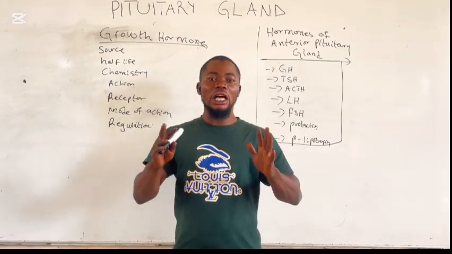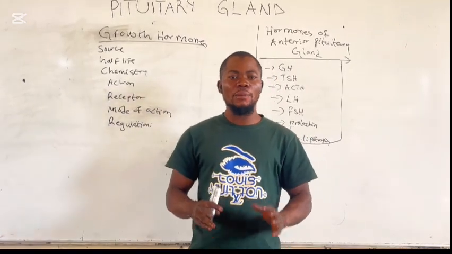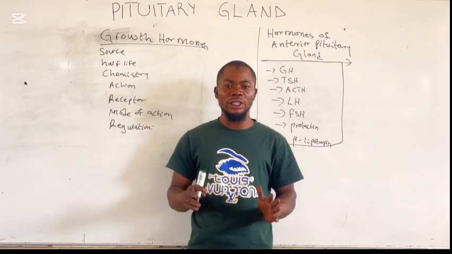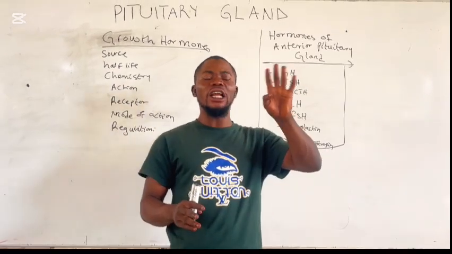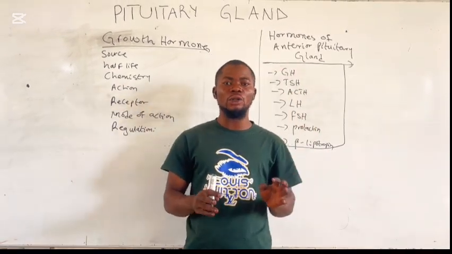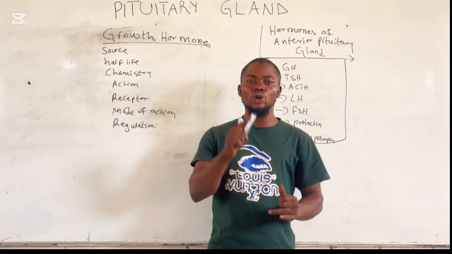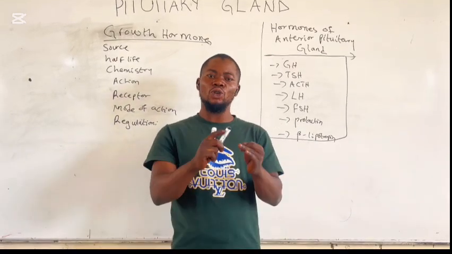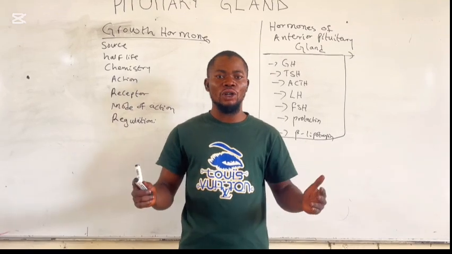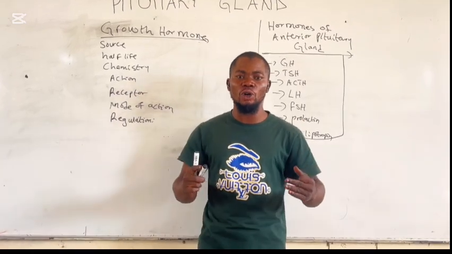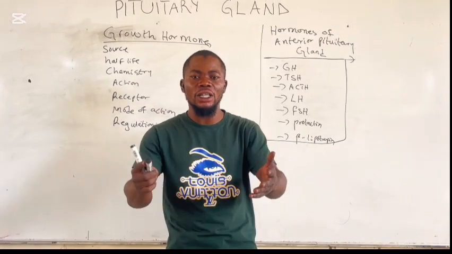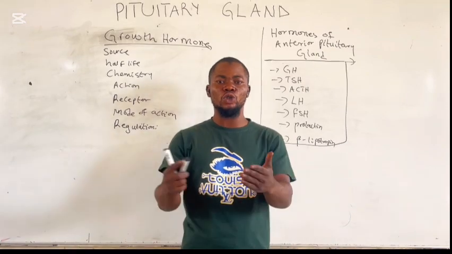Now, the hypothalamic control of growth hormone. The hypothalamus controls growth hormone secretion by releasing three different factors: growth hormone releasing hormone, growth hormone releasing polypeptide, and growth hormone inhibitory hormone. Growth hormone releasing hormone stimulates the somatotropes to release growth hormone.